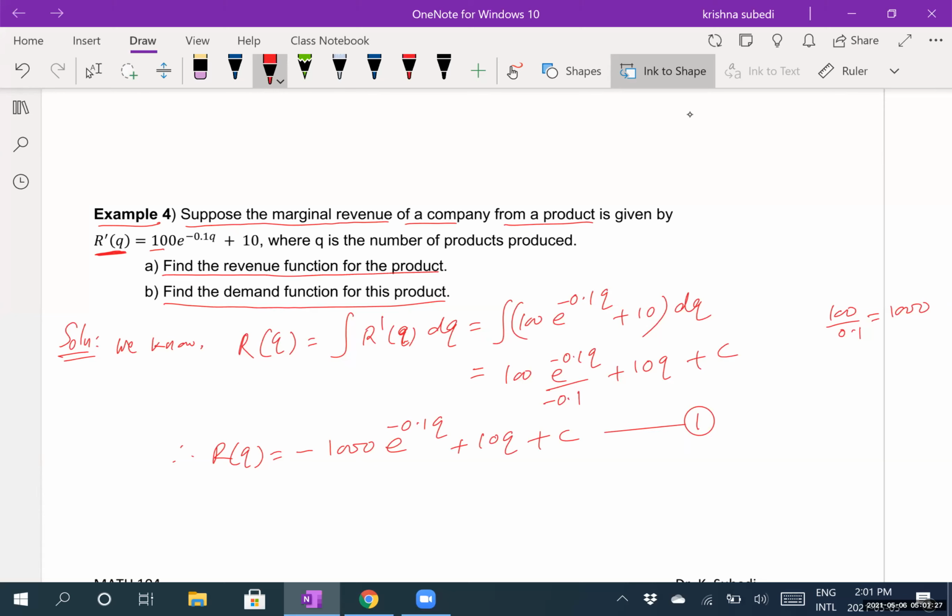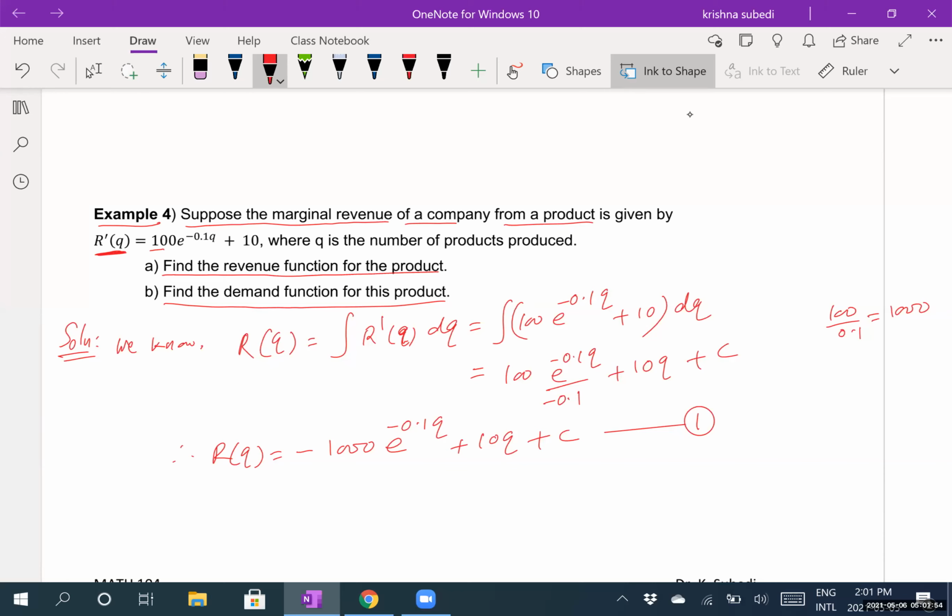But now the question is, how do we find the value of c, right? So in the previous example, example 2 and 3, we were given the initial value condition clearly, explicitly. But without the condition, we cannot find the value of c. Let me repeat this. To find the value of c, initial value must be given.